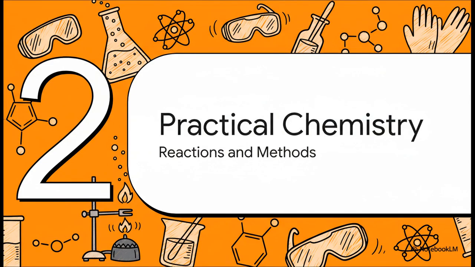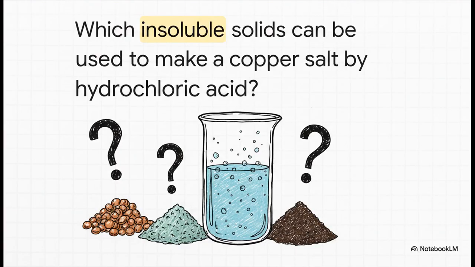Okay, now the question totally shifts gears, and we're into practical chemistry. This part tests if you understand lab procedures, and more importantly, why we do things a certain way. So this is a multiple choice question, and really, it's just a test of your basic reactivity knowledge. It's asking which of these solids will actually react with a dilute acid to make a salt.